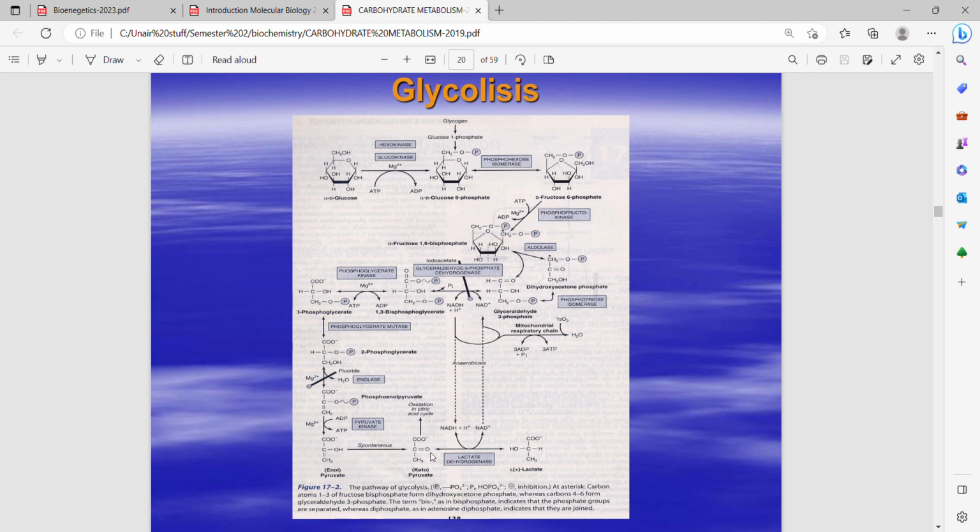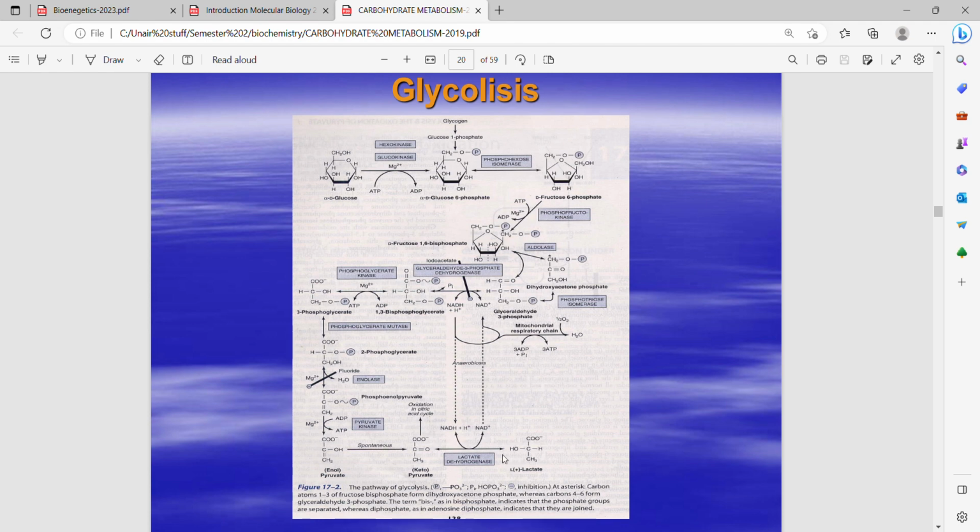Actually, you can see the product here. The product, pyruvate, is reduced by the hydrogen atom and becomes lactate. Okay, so it accepts hydrogen.